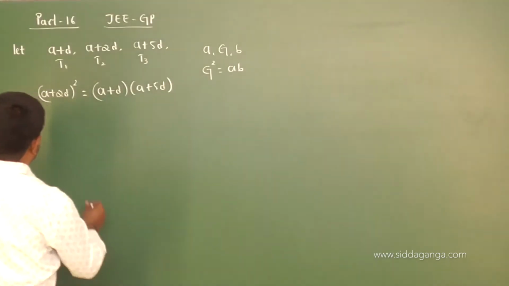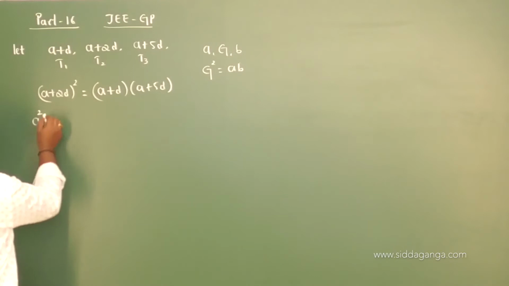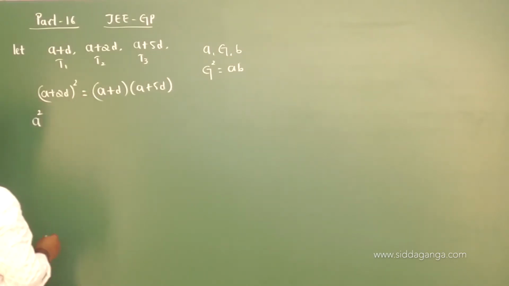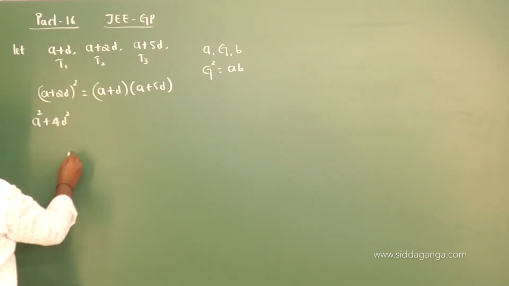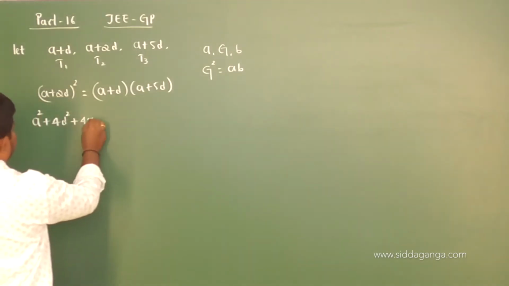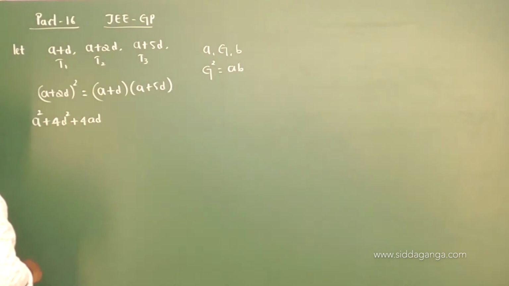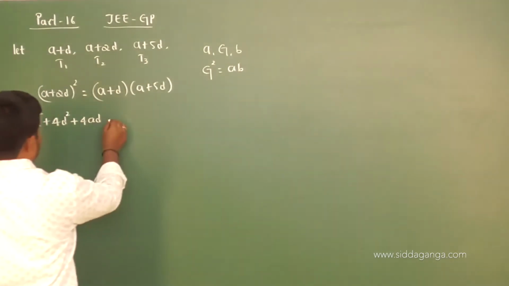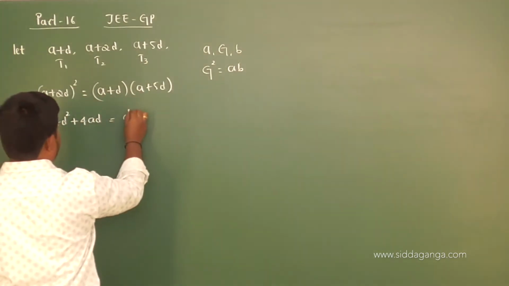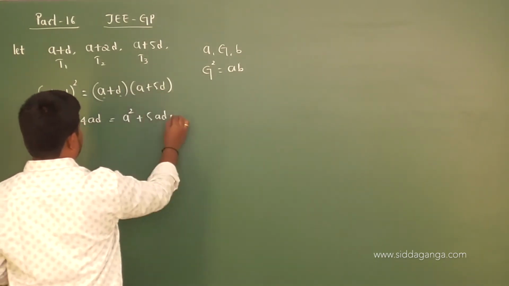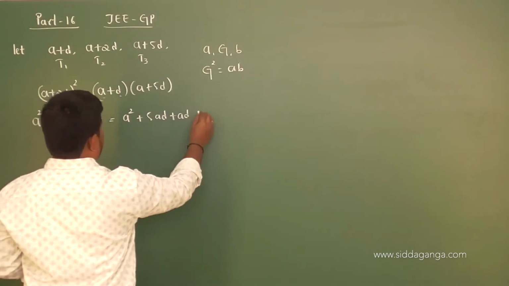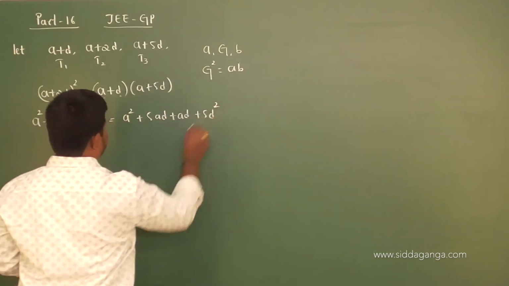Now let me solve this and simplify. A square plus 4D square plus 4AD, using the form (A plus B) whole square, equals A square plus B square plus 2AB. Let me multiply the right side: A into A square, then 5AD plus AD, plus 5D square.